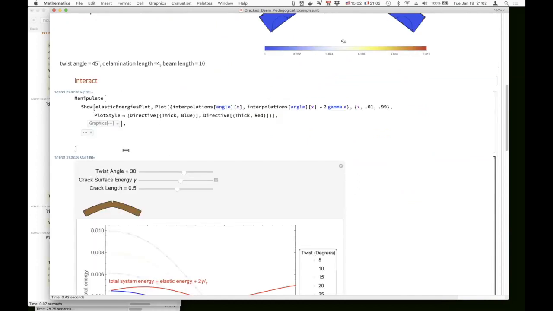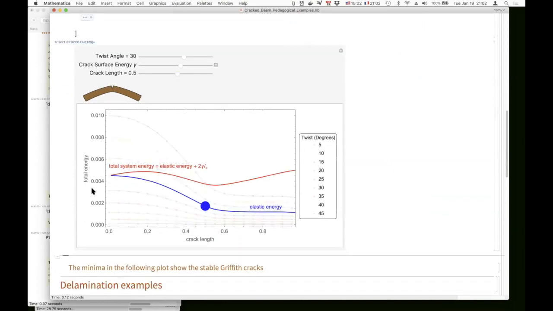And so what we're going to see here is plotted on here is the total energy of the system. So what I'm going to do is I'm going to take the system and I'm going to take this gamma term down to 0. So this is the total elastic energy stored in the system. If I add a term associated with the work associated with creating that little defect, that's this term sitting here.